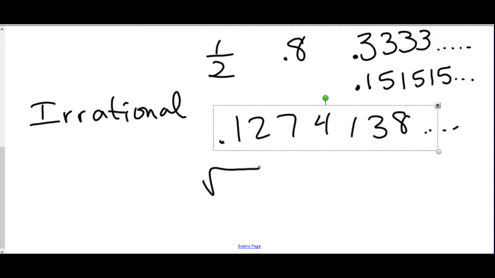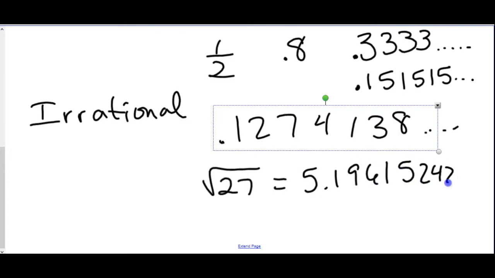But they can be tricky. If I said square root of 27, that's definitely irrational, because when you plug it into a calculator, it gives you 5.196152423, nothing repeated, it's just a random set of numbers.